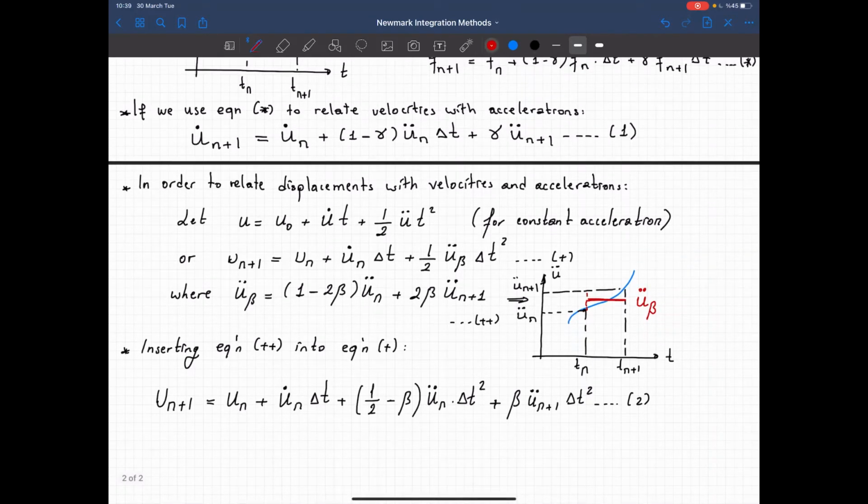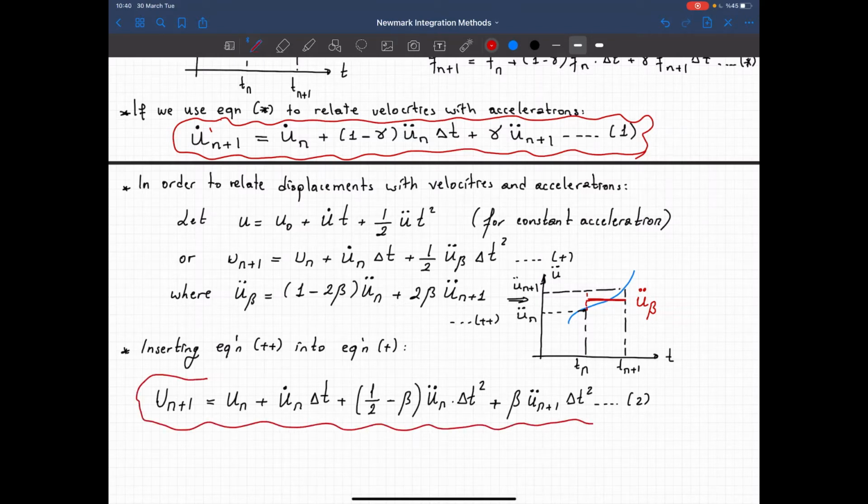So the first equation gives us the velocity at the next time step, and this is the second equation that gives us the displacement at the next time step.